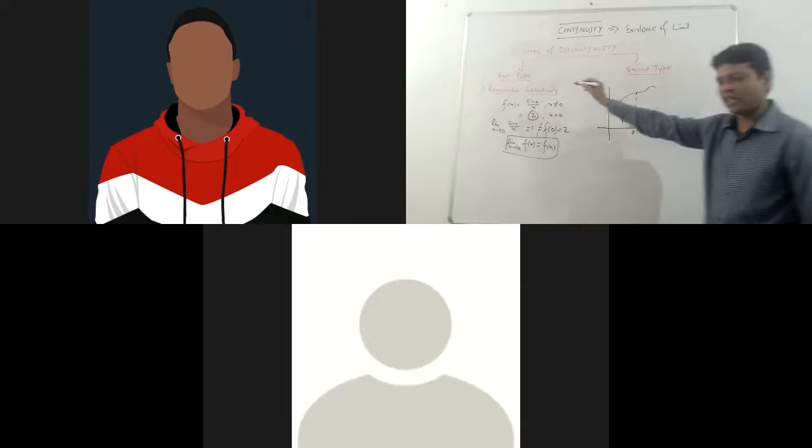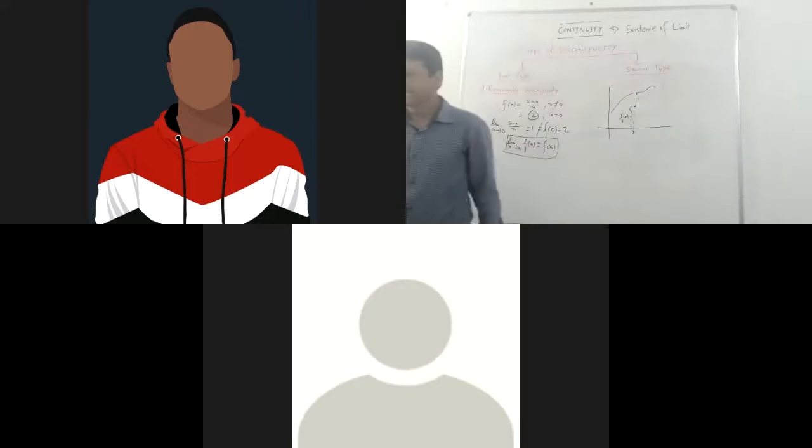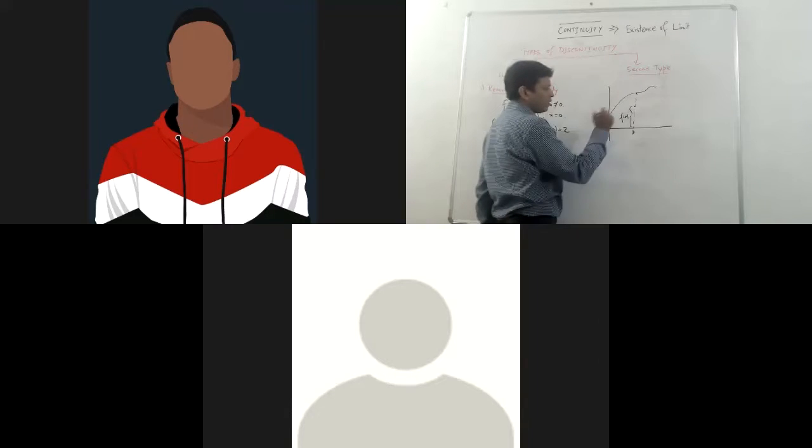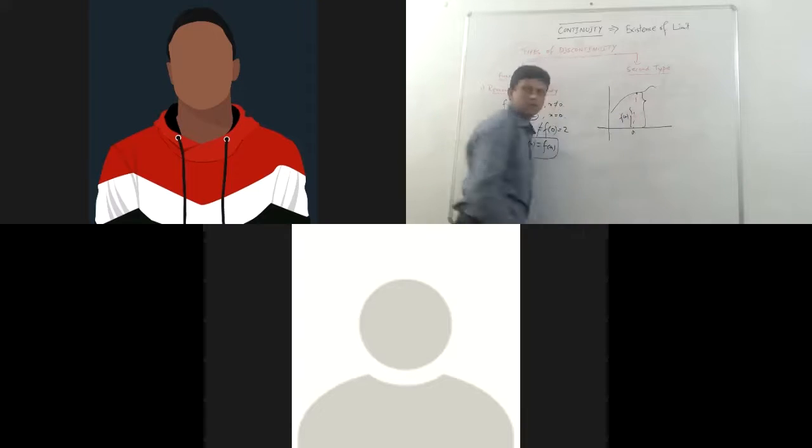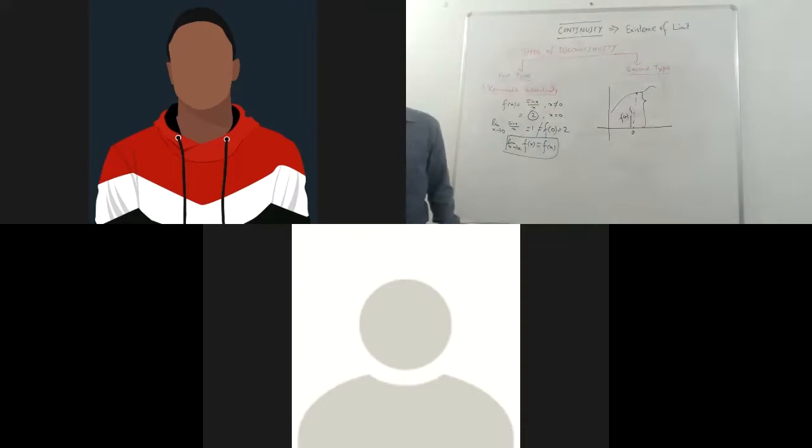Clear? Graph is this one. This is a new graph. You see the limiting value is equal to the functional value.